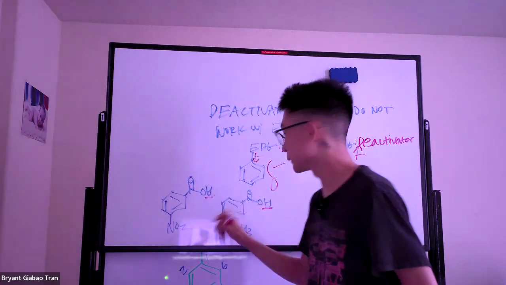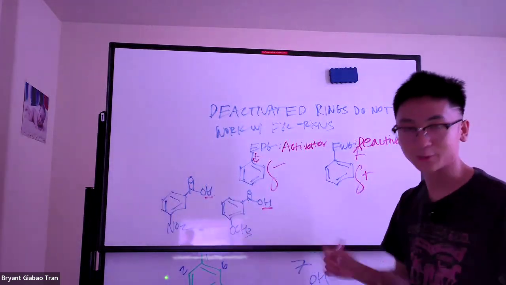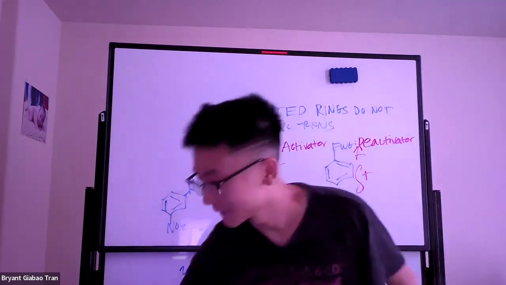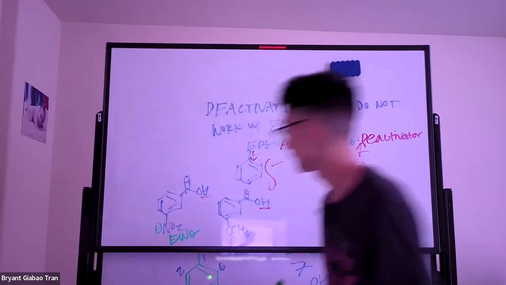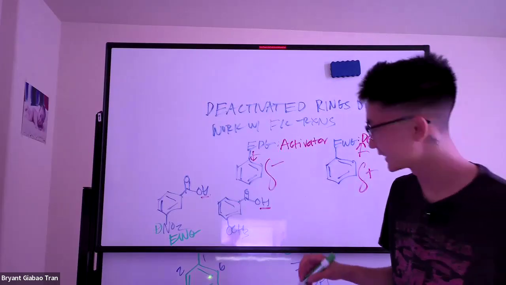Which one would be more acidic, the left one or the right one? NO2 is electron, wait, there's a plus on the nitrogen, so it's electron withdrawing. So it withdraws electrons, so the left one's more acidic.